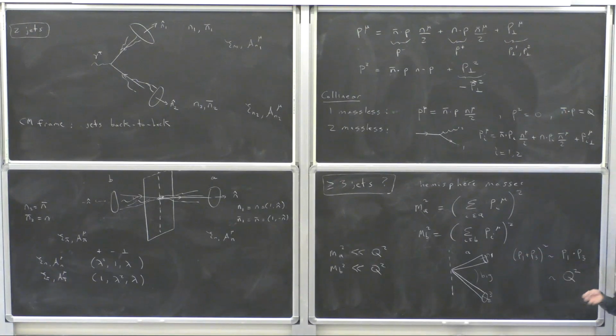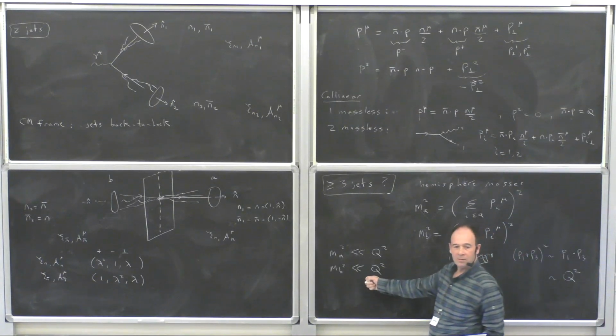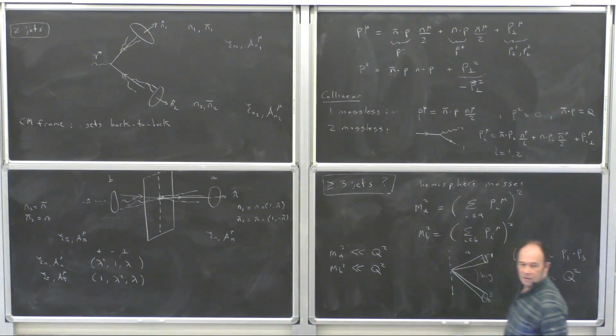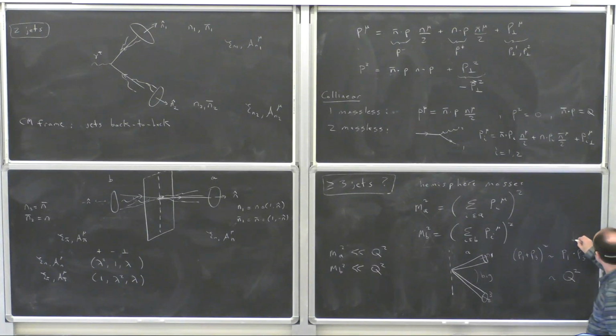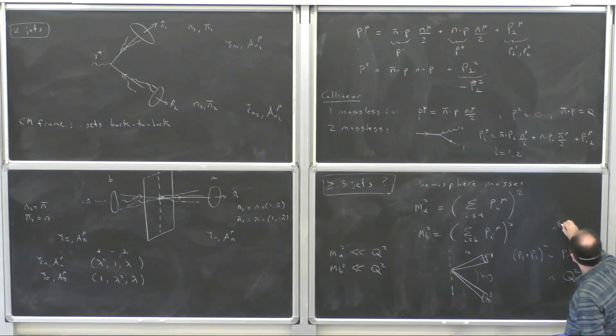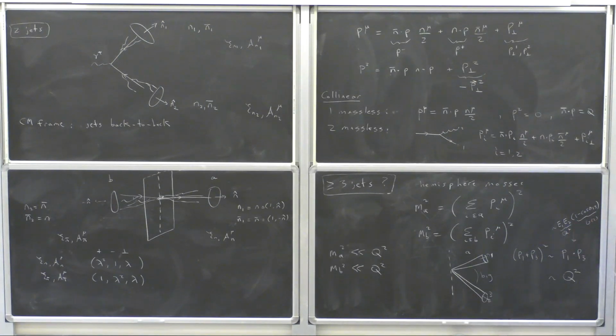So there's some 1 minus cos, but that's big. So this is of order Q squared, and therefore is eliminated by these types of conditions. Schematically it's like E1 E3 (1 minus cos theta_13). This is order 1. Each of these is order Q, so this is Q squared. Okay, so that's how I can eliminate 3 jets.